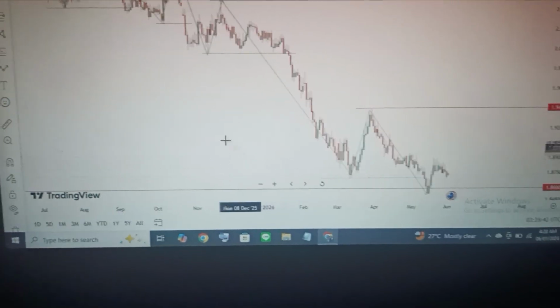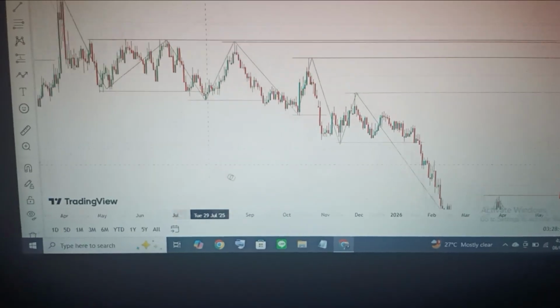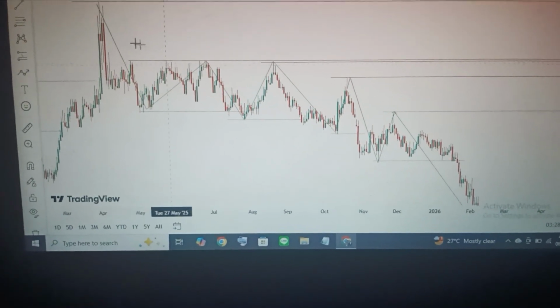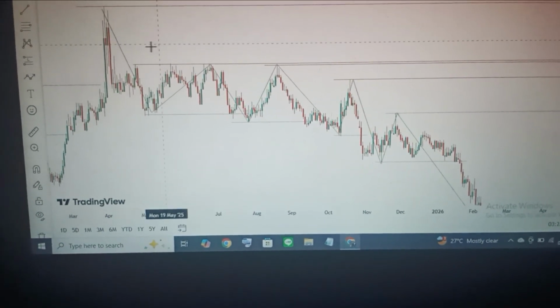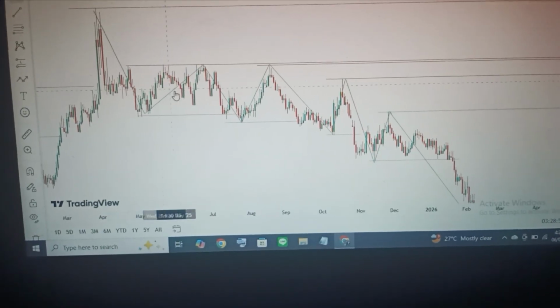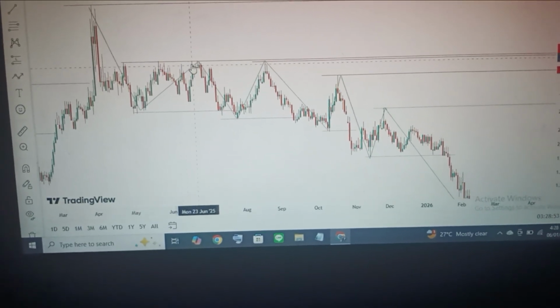Now what you can see here is the weekly structure. Now, daily structure is the weekly structure. When we scale from the weekly to the daily, the swing points are still maintained.